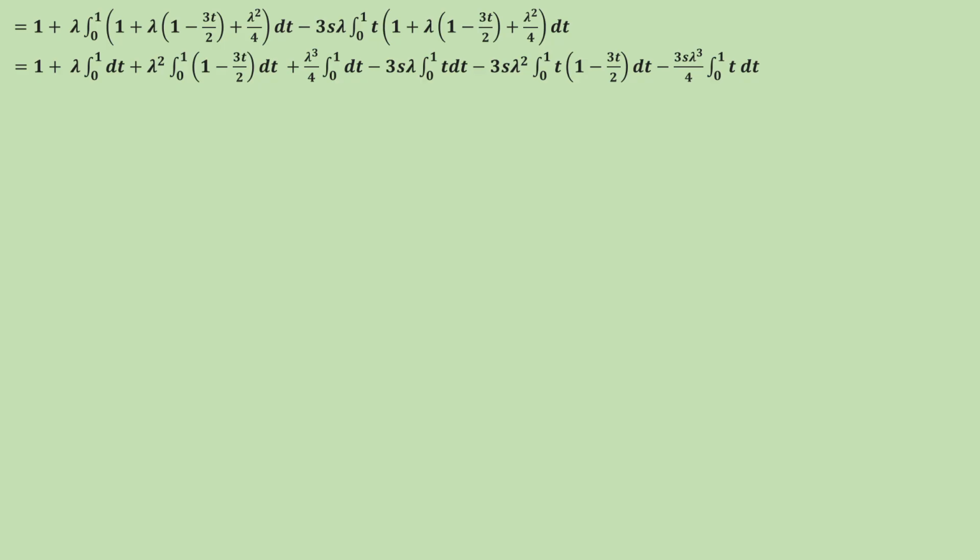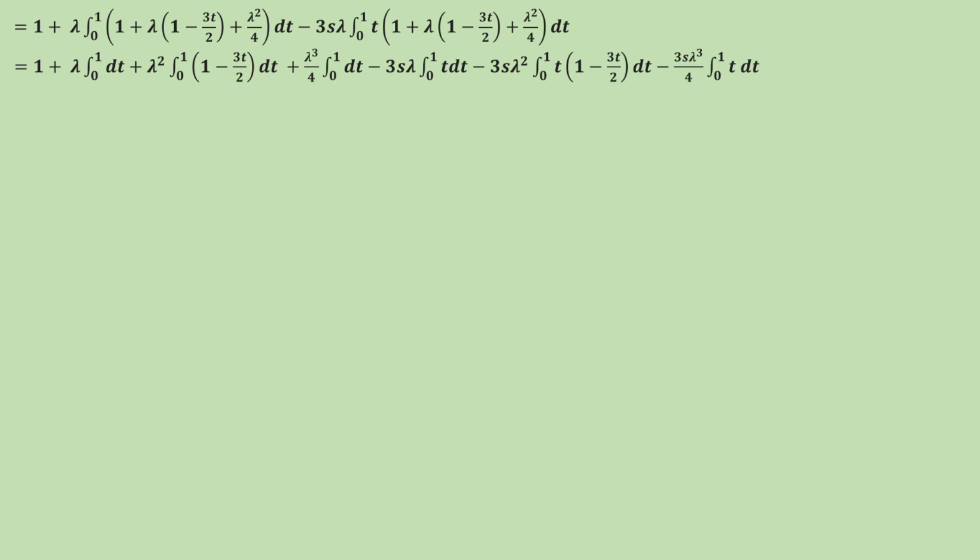So integral 0 to 1 t dt minus 3 lambda square, right? Lambda into lambda square integral 0 to 1 t into 1 minus 3t by 2. In the previous step you have t into 1 minus 3t by 2 lambda into 1 minus 3t by 2, right? We are separating all these things.